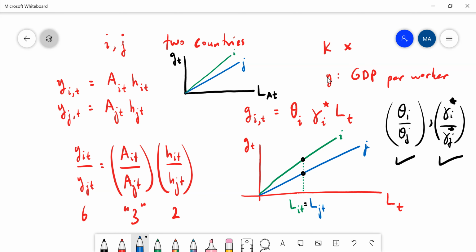So even if gammas are the same, at that point gammas are the same, but thetas are still different. So these theta differences will create this difference, and of course here theta I in this example is greater than theta J.